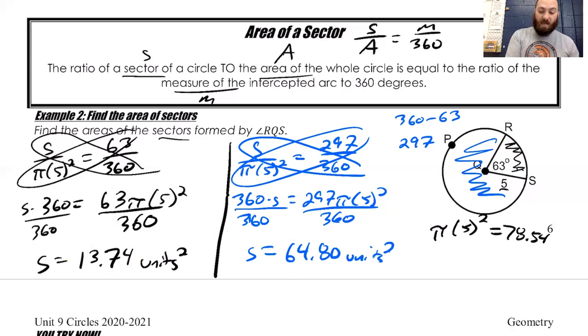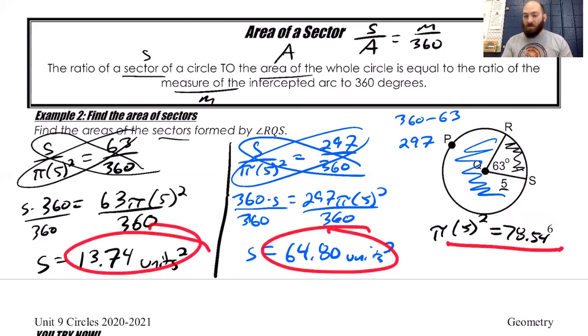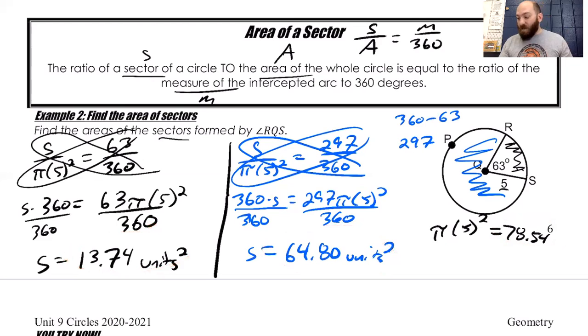If I take 13.74 plus 64.8, I get 78.54. There it is. Okay, that's something to be aware of. These two are going to add up to the entire circle, because again, sector area is a portion of the entire circle. So all these numbers match up like that.